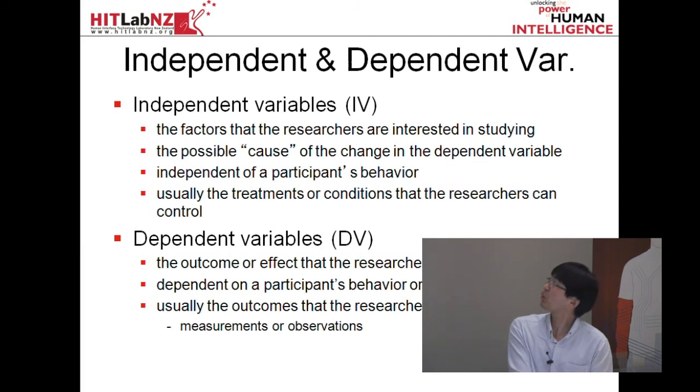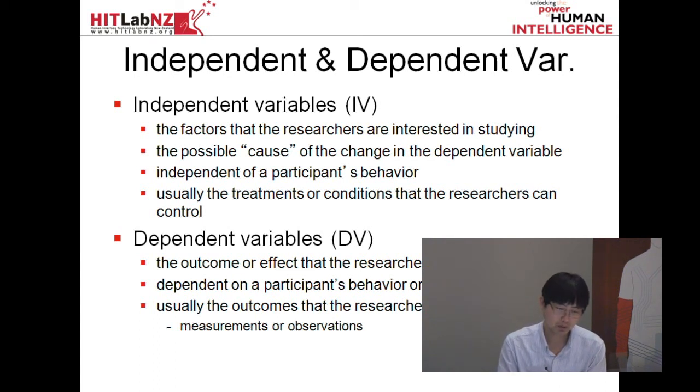So going into more detail about making hypotheses, first we'll have to know what our independent and dependent variables are. So independent variables are the factors that the researchers are interested in studying. And those are possibly the cause of the change in the dependent variable.